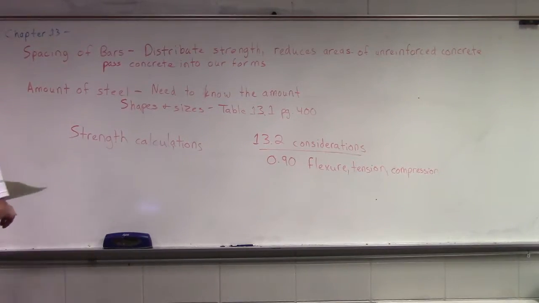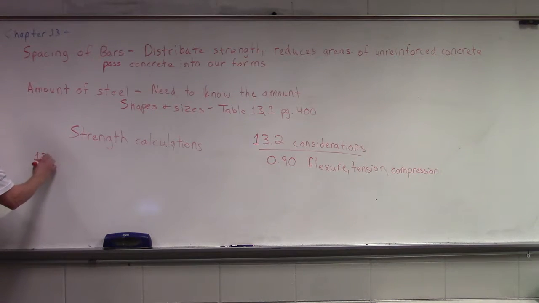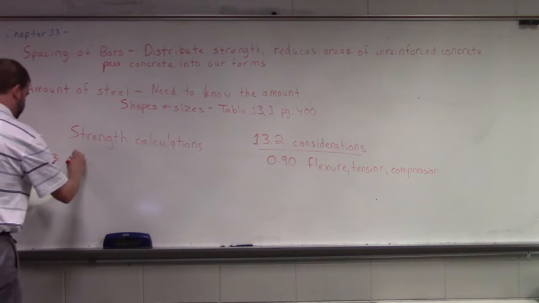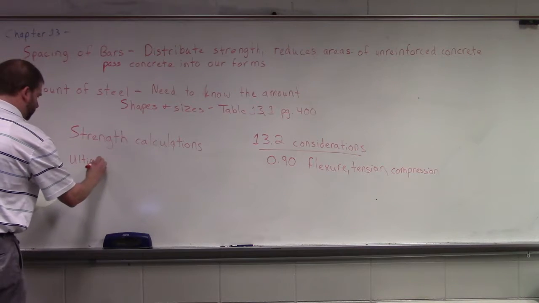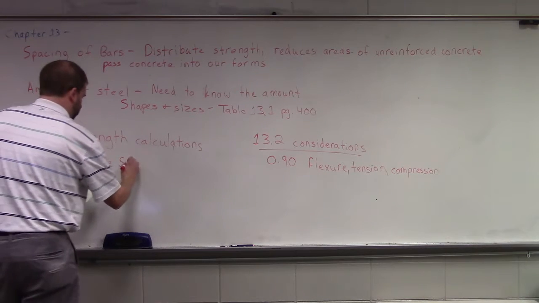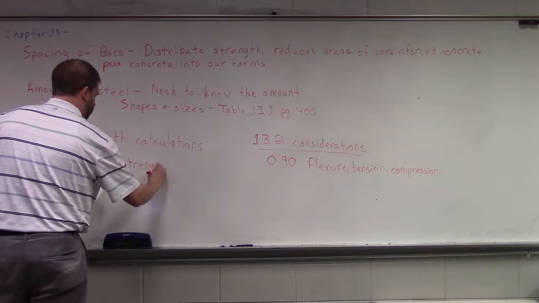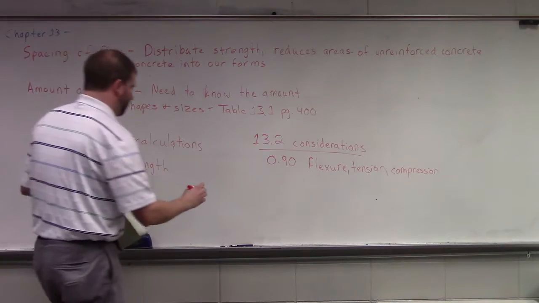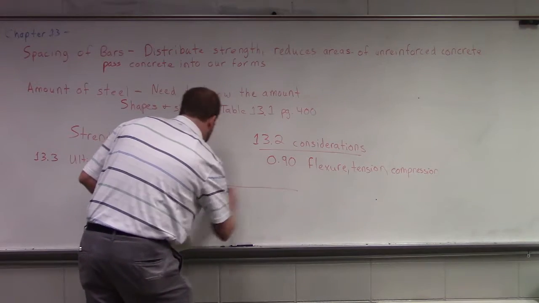Once we get into 13.3, which is about as far as we're going to be able to get, 13.3 gives us the ultimate strength. We start out with something very familiar: we have a beam.